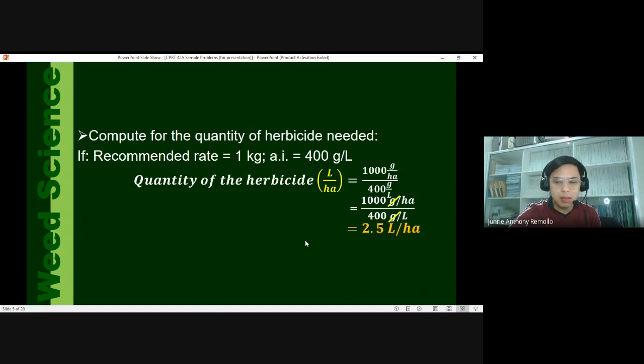So you divide it by 400 grams per liter, which is the recommended active ingredient, then it will result in 2.5 liters per hectare. And observe that in the solution, we cancel the unit gram when dividing the two values. This will give us an idea of the particular units to be used in computing such values.